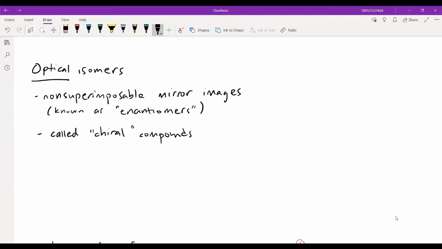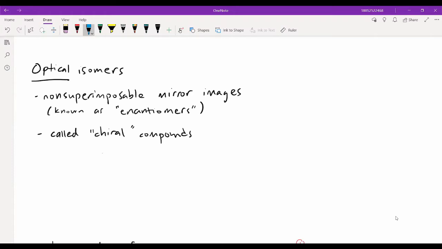These are non-superimposable mirror images. So you might see this term: these are enantiomers. That's what that means. If you have a mirror image that's different, essentially. And another word you should remember that's associated with this is chiral. I believe this is from a Greek or Latin word for hand.